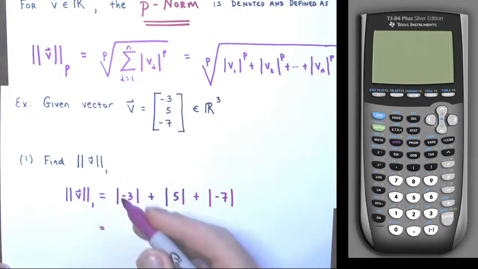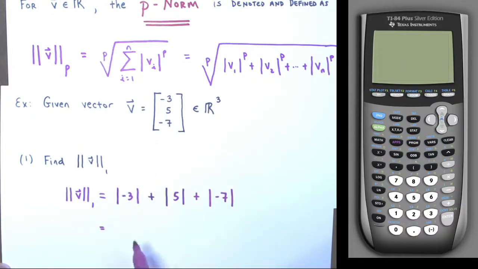So our 1 norm of this vector is 3 plus 5 plus 7, and that's 15. And that's it. So the 1 norm is pretty simple to take. So the 1 norm is just the sum of the absolute values of the components.